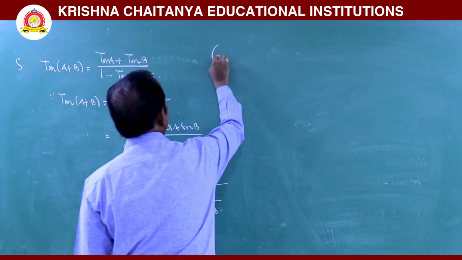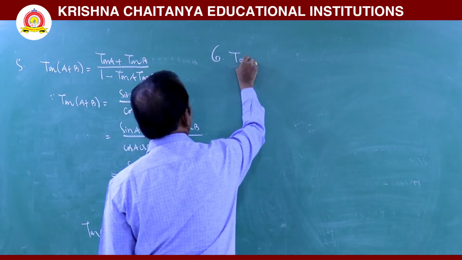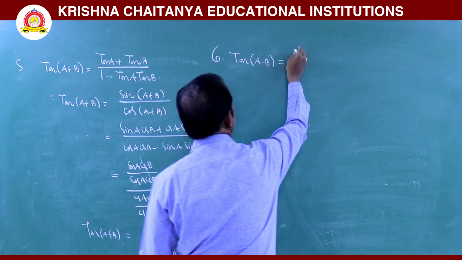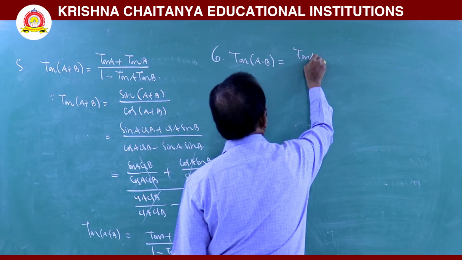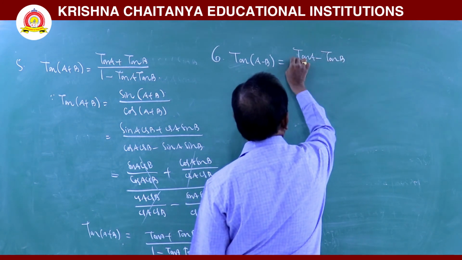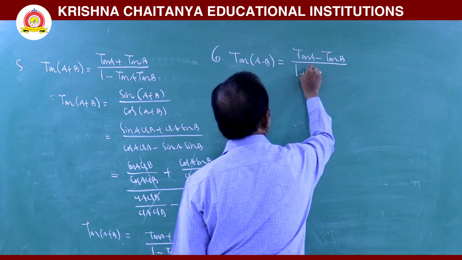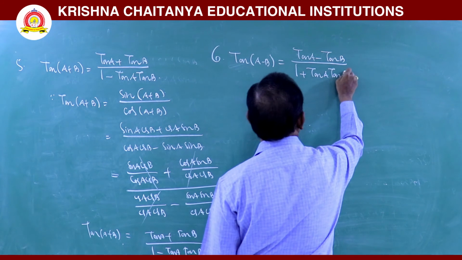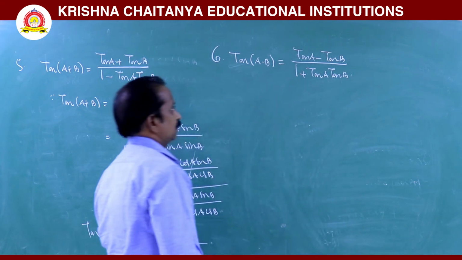Another basic, tan of A minus B. Tan of A minus B is nothing but tan A minus tan B by 1 plus tan A into tan B. How to prove?